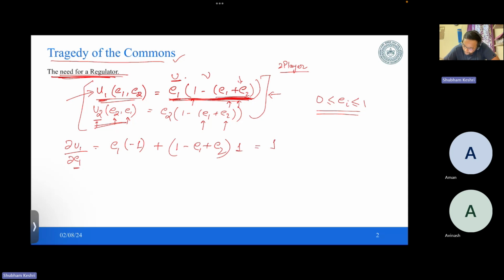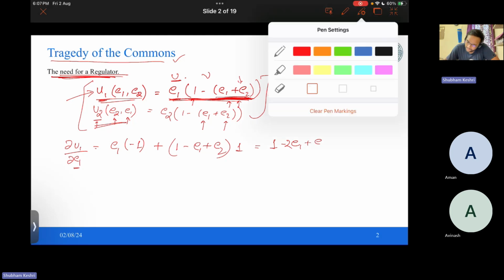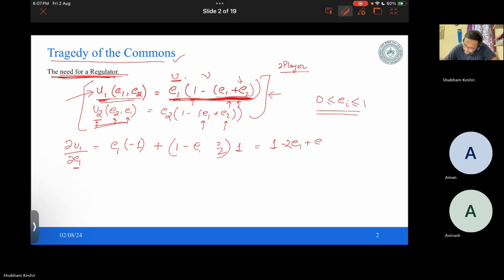And this will come out to be 1 minus 2 e1 minus e2. All right. So this is the equation, the first order derivative, and we'll equate it to 0.